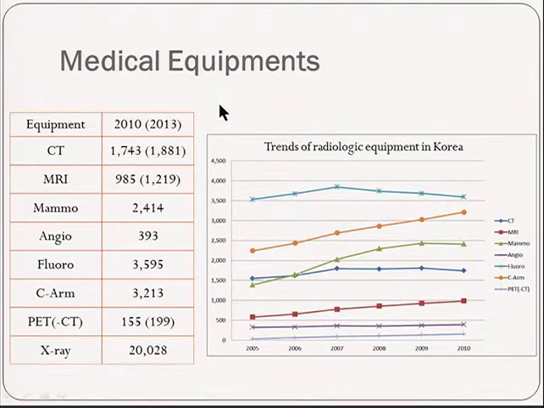This is the situation of our medical equipment. In 2010, we had about 1,700 CT scanners and about 1,000 MRI units. This is the trend of radiology equipment in Korea. It gradually increased, but these days it is somewhat stagnated.